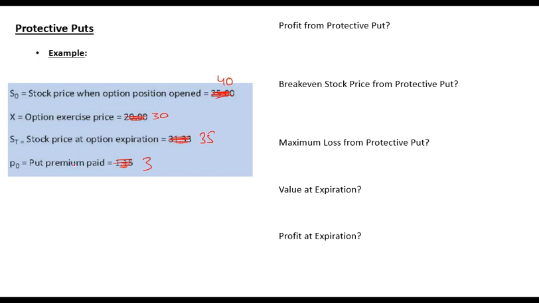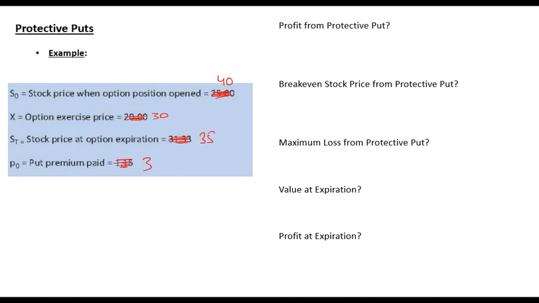Okay, so there is another question. Based on this question and based on this data set, what is the profit? What is the value at expiration for protective put?